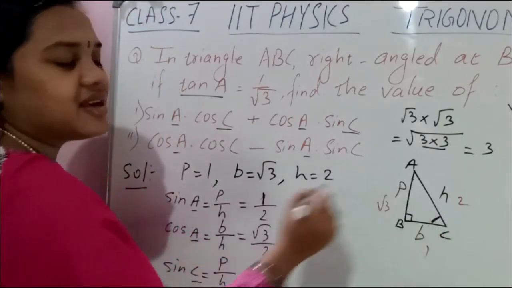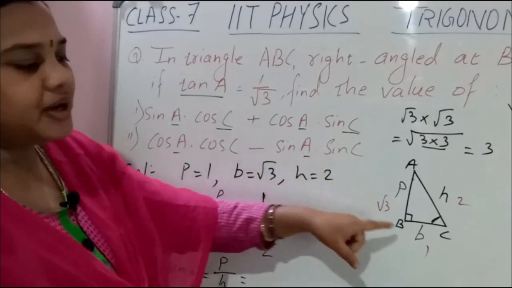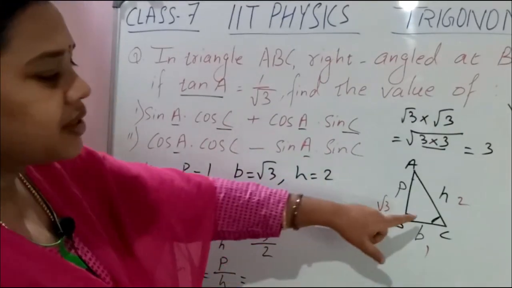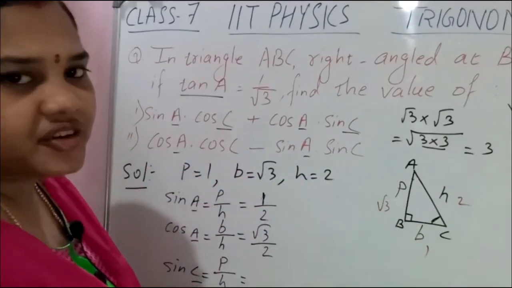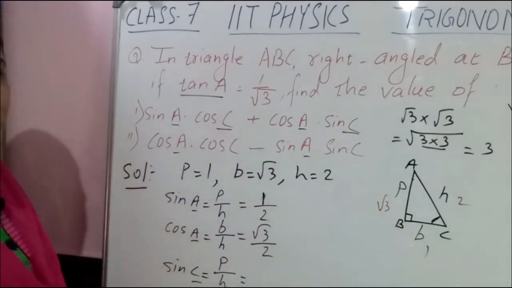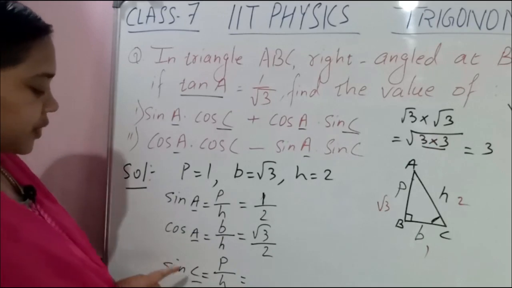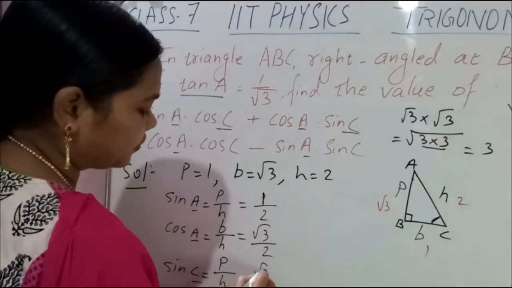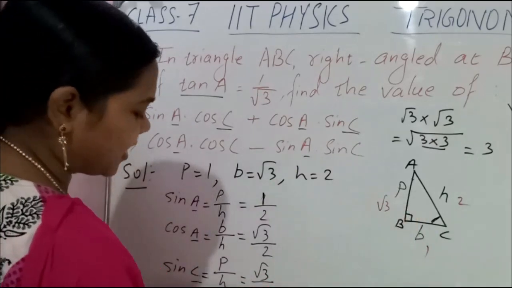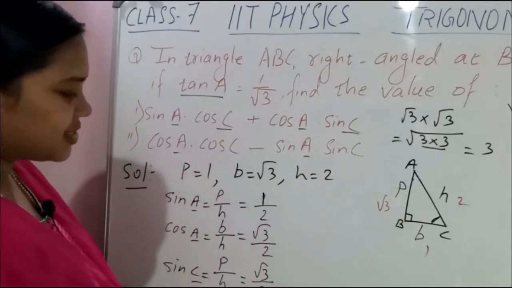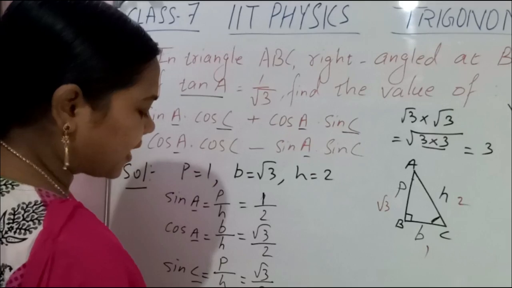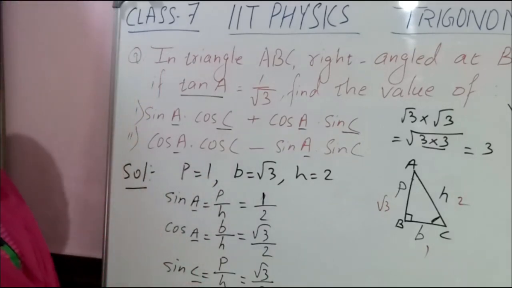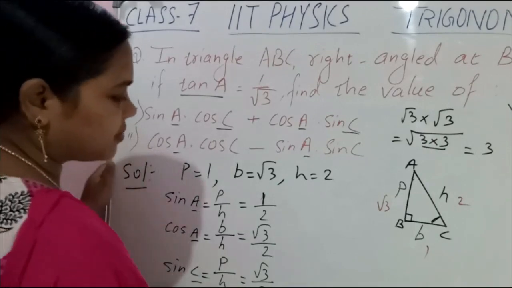If angle C is the angle of reference, the perpendicular and base values are exchanged. Now, to find sin C and cos C, the perpendicular is root 3 and the hypotenuse is the same, 2. The base is 1 and the hypotenuse is the same, 2. Clear? So we calculated all these values. Now we are ready to do these sums.